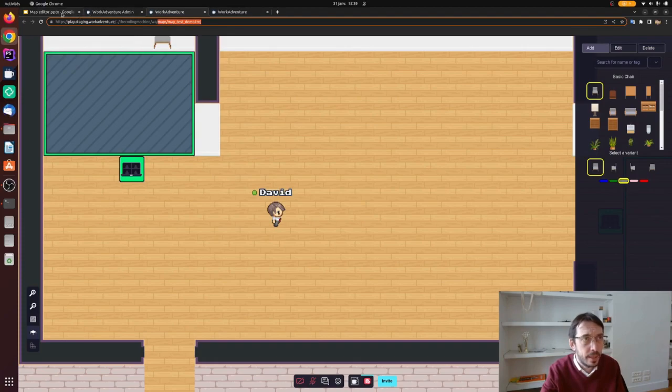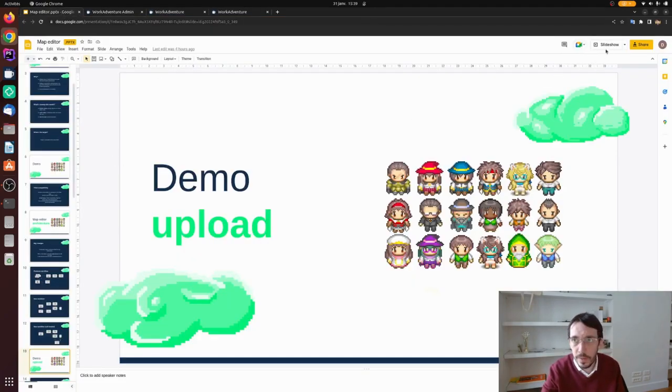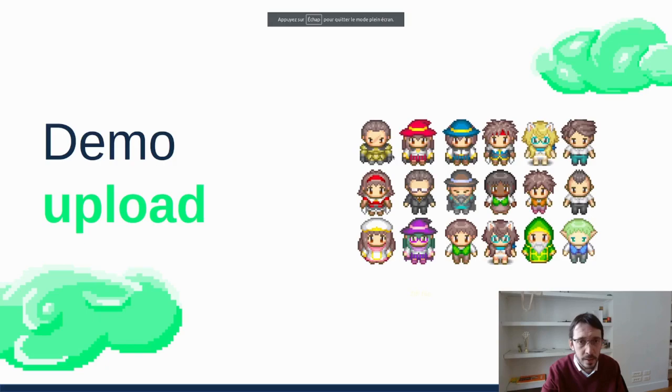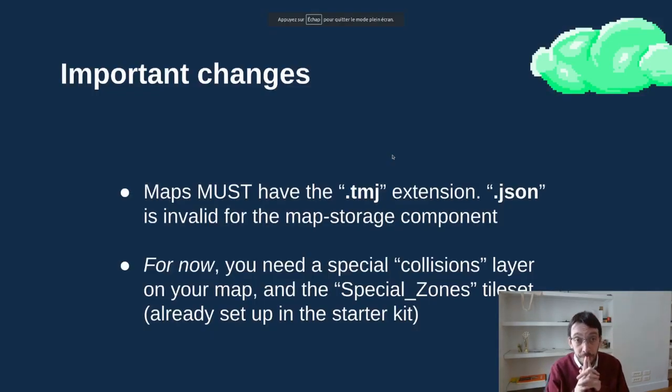Let me continue this presentation. There are a few important changes. When you are using the map editor and you upload the zip file, the maps must have a .tmj extension. Okay?